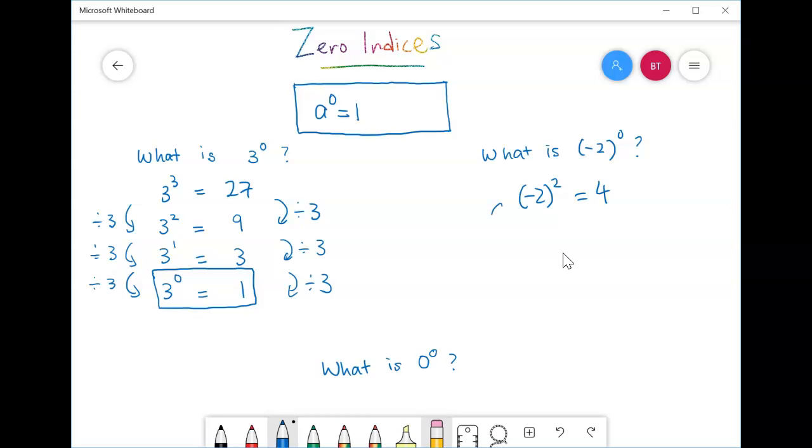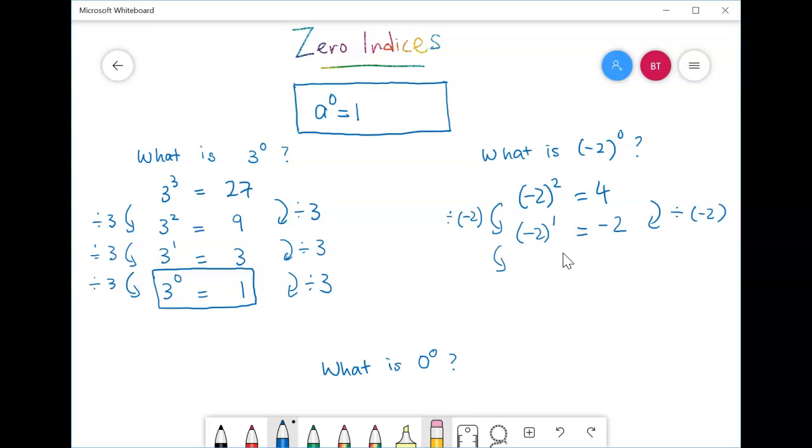Now I'm going to divide by the base negative 2 on both sides. Negative 2 to the power of 2 divided by negative 2 to the power of 1 is going to give me negative 2 to the power of 1 on the left hand side. On the right hand side, 4 divided by negative 2 is going to give me negative 2.